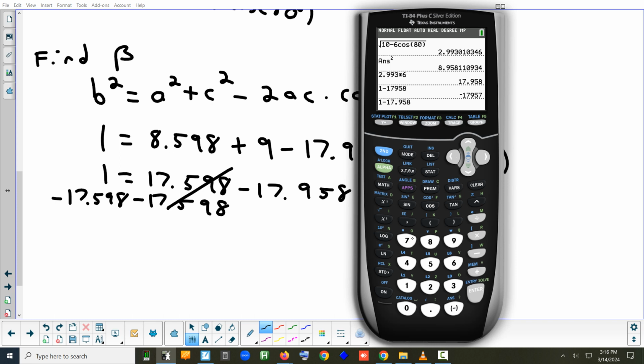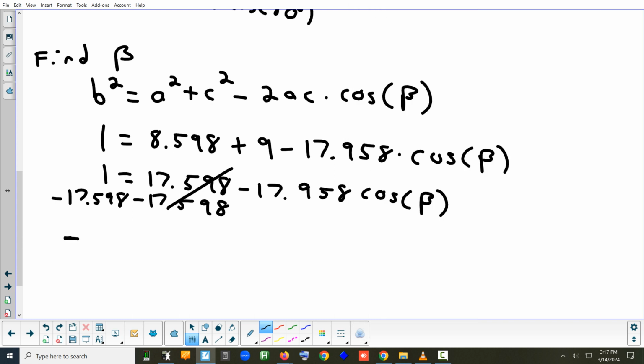Having calculator issues. Okay, so negative 16.958. It's 0.598, not 958. Oh, yeah, that's a mess. 1 minus 17.598. Thank you. Negative 16.598. Hopefully that doesn't happen on the test where the numbers are that close.